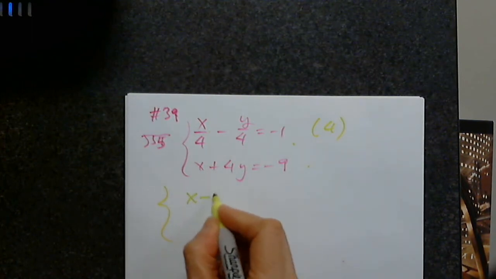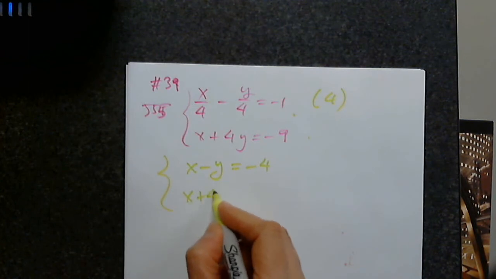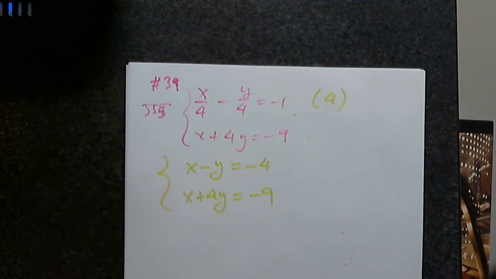So I have x minus y equals negative 4, and then x plus 4y equals negative 9. Now if you ask me what I would like to do, I will eliminate y. Multiply the first equation both sides by 4 and clear y. I will never mess with a substitution unless it's mandatory.